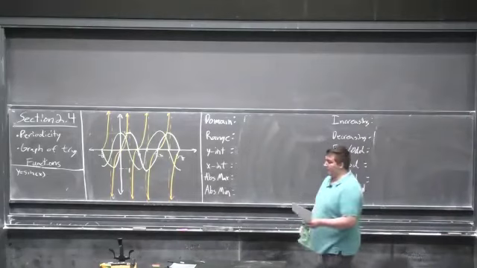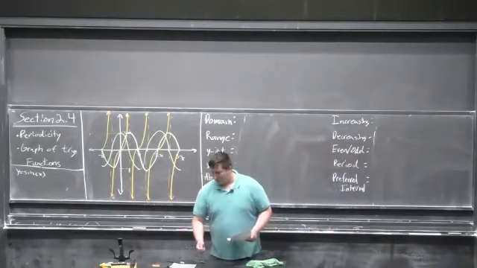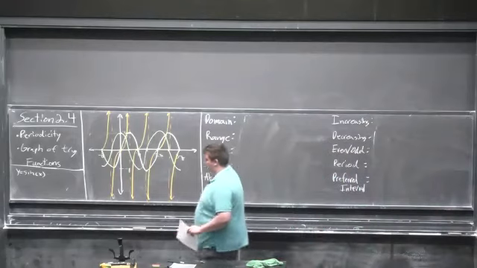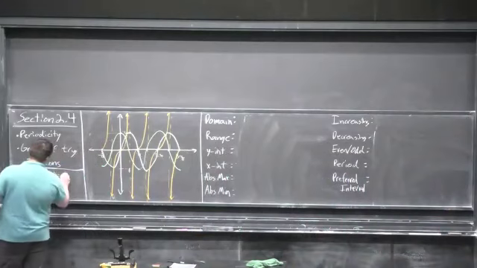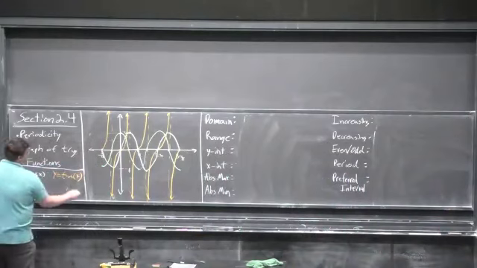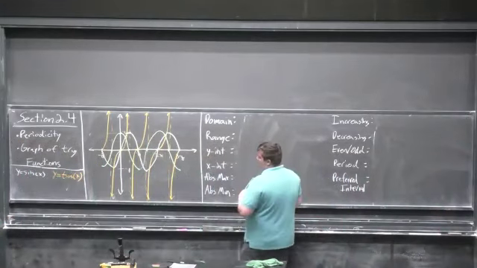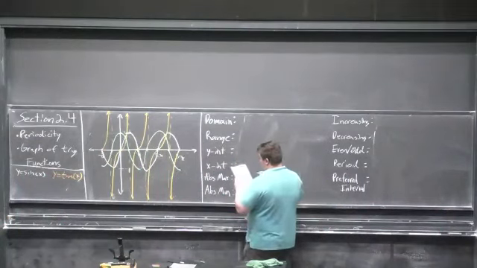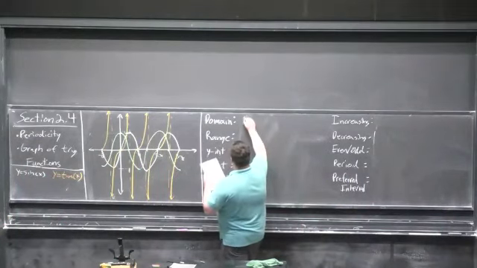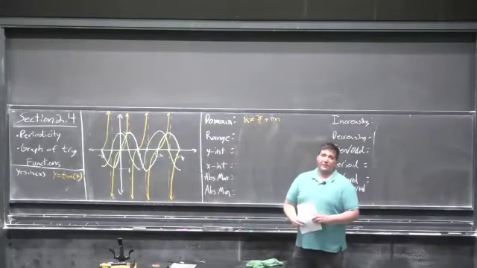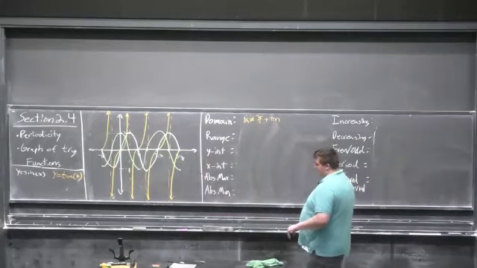First things first is the domain. The domain of this function, and this function being y equals tangent of x, is not all reals, but it's going to be when x is not equal to pi over 2 plus pi n, meaning it can be anything but these values.